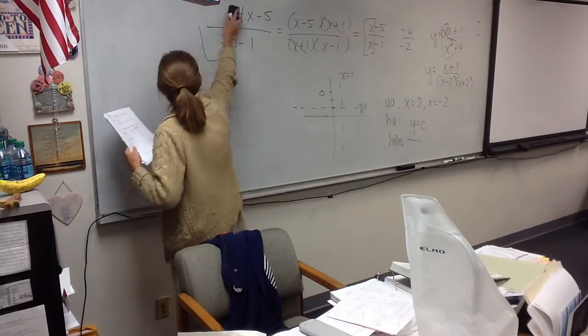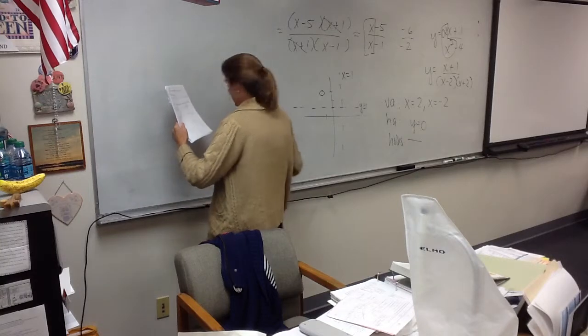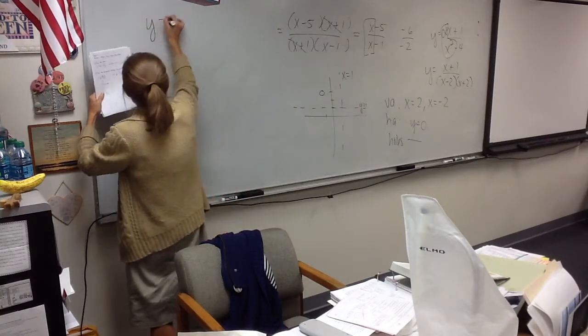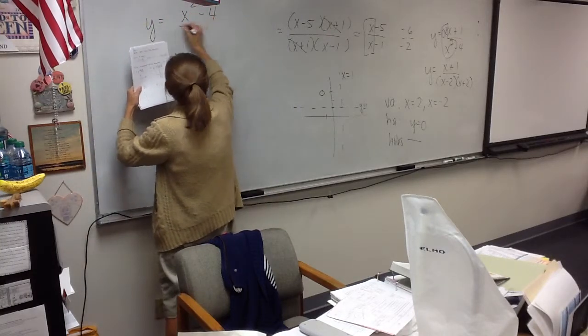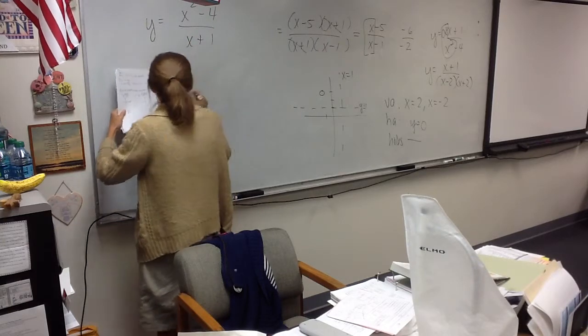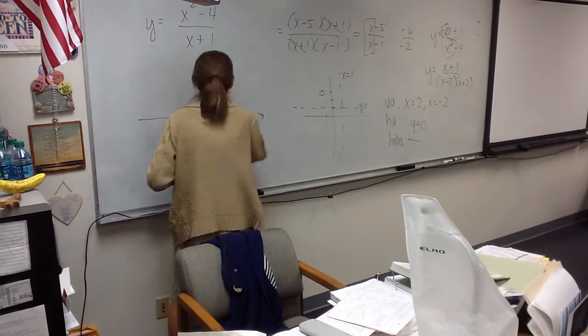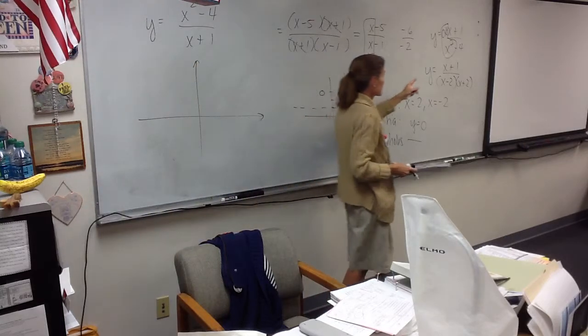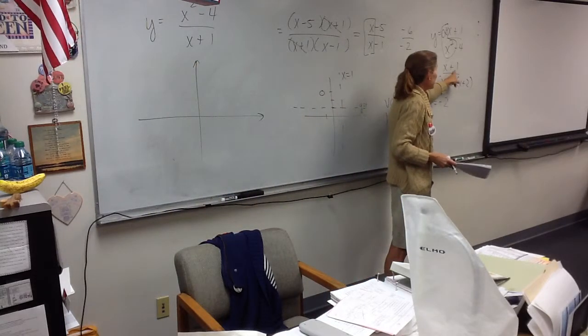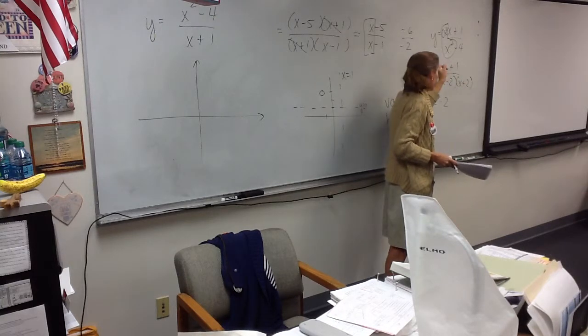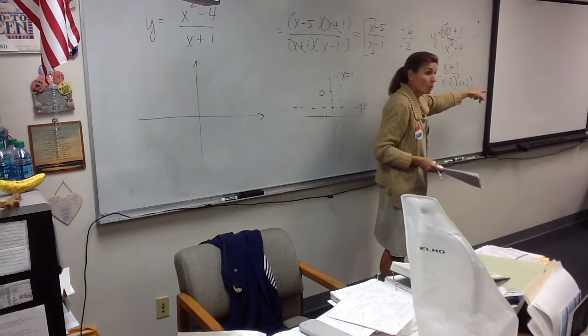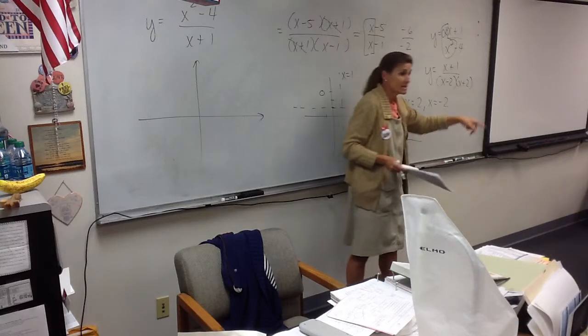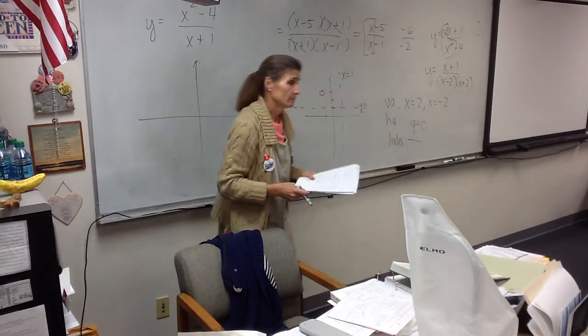Katie, is your hand up? Yeah. So when you don't have like 2 x's on the top, those kind of problems, like the denominator on that problem, you're not going to have any holes. No, you don't have any holes because nothing cancels. If this had been an x plus 2, then that would cancel out and I'd have a hole there. But the only way to get holes is to cancel.